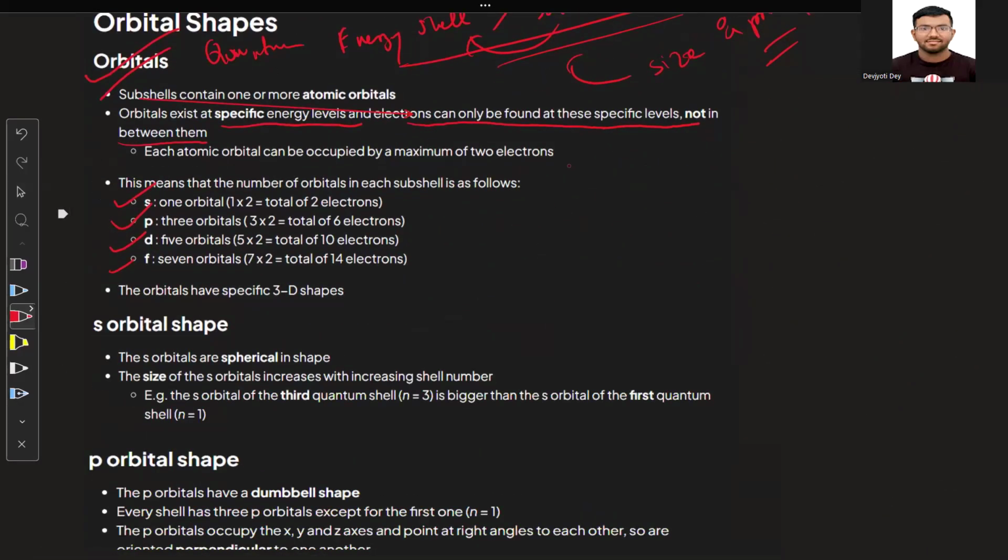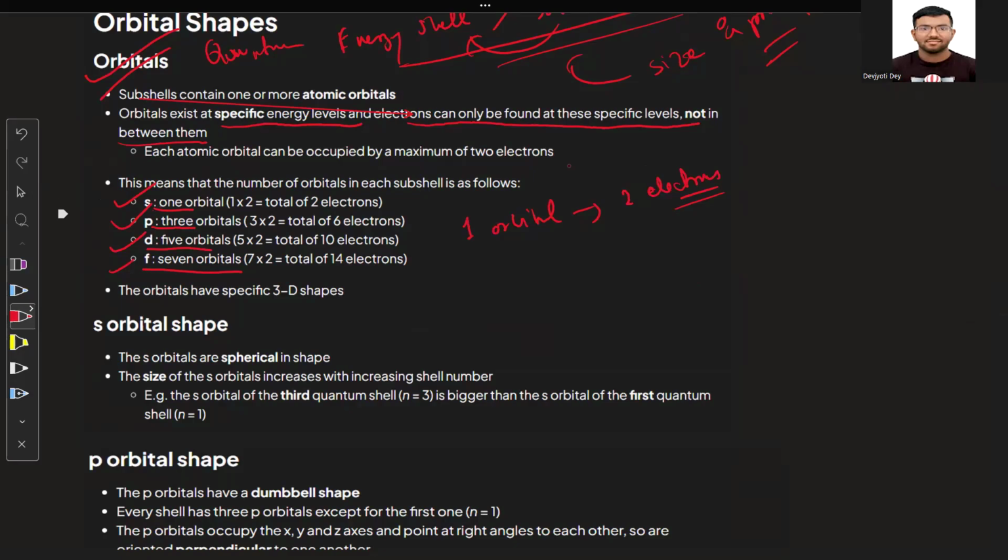Now, there are four types of orbitals. You have S, P, D, F. Obviously, there is only one type of S orbital. There are three types of P orbitals, five types of D orbital, and seven types of F orbital. Now, always try to remember one thing, that one orbital can consist of a maximum of two electrons, not more than that.